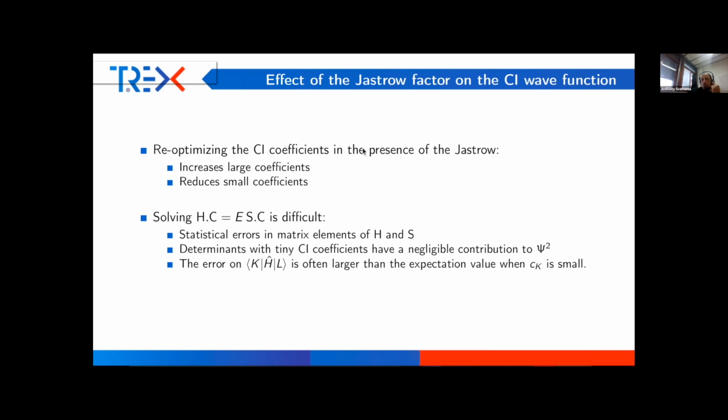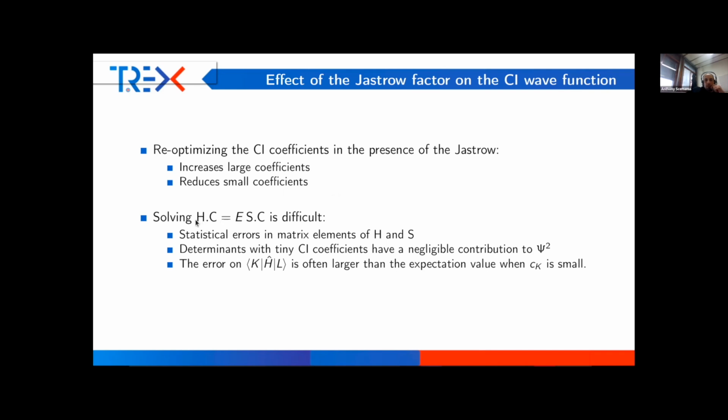So if you have the Jastrow factor, then the CI doesn't have to take care of these effects, and the CI only tries to describe static correlation, which is well described by a small number of coefficients with a large magnitude. And so it has the effect of increasing the large coefficients and reducing the small coefficients. So it really compacts the determinant expansion.